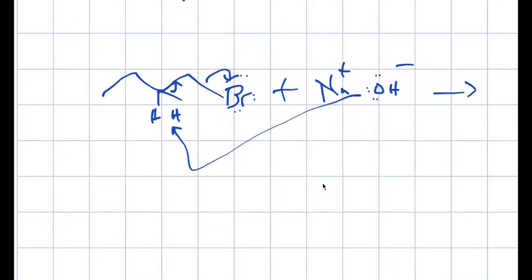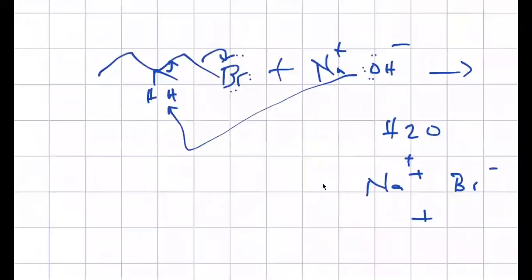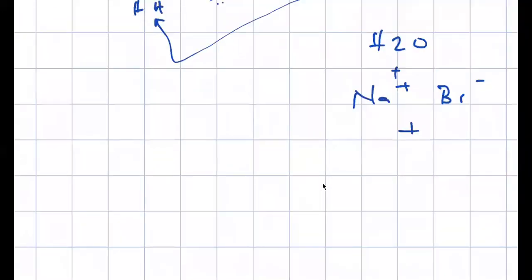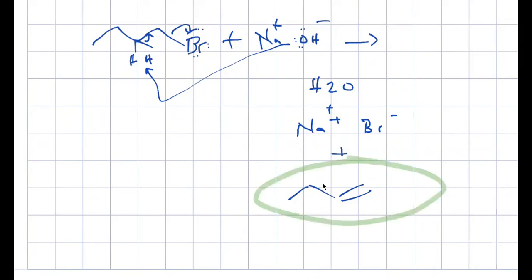And then when I do that, I get water plus Na plus Br minus plus an alkene. If you notice in the elimination again, one of the characteristics of elimination is the formation of a pi bond.